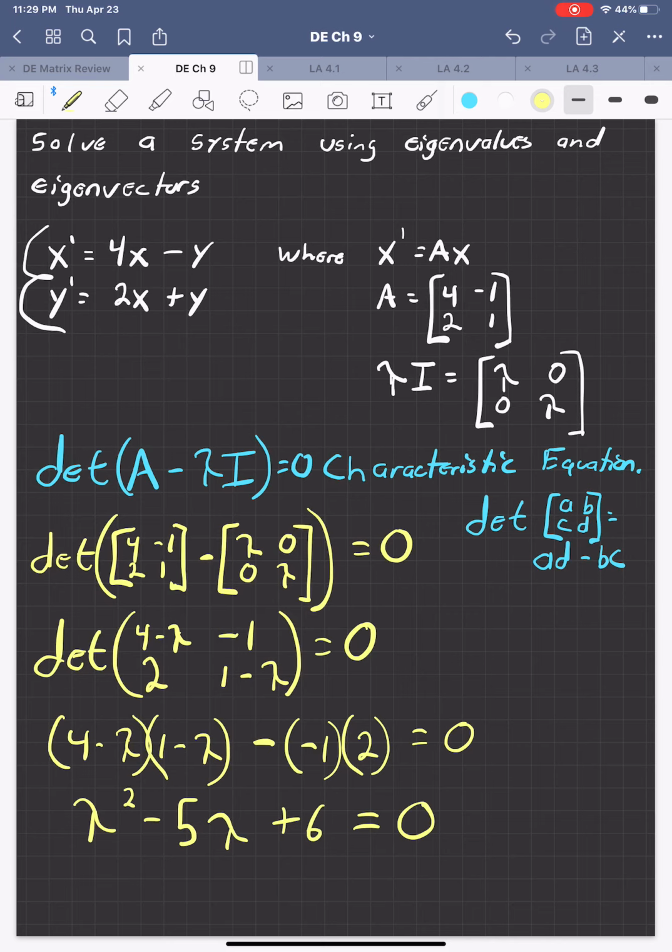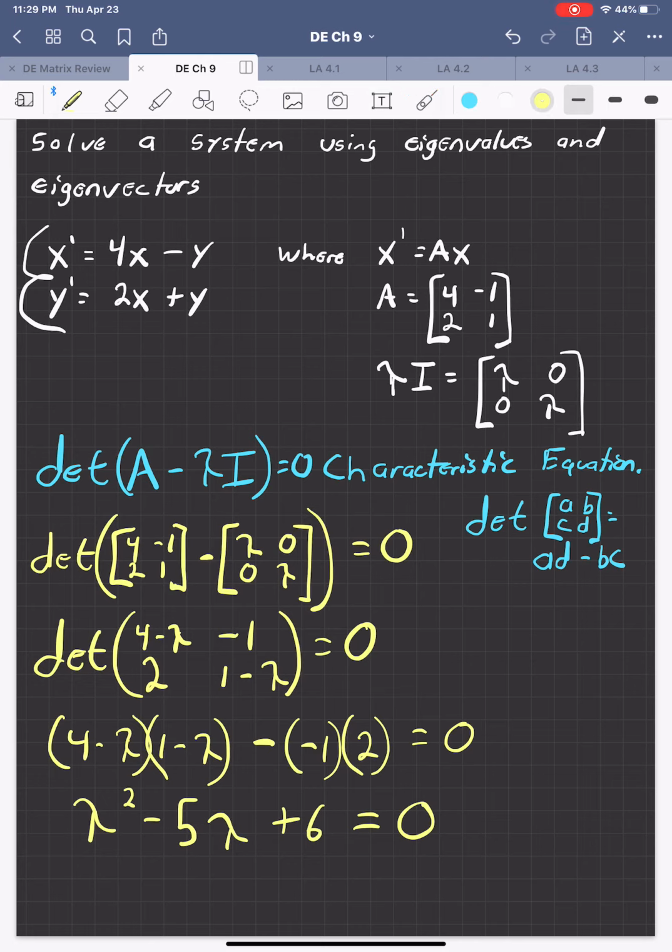All right. Now, doesn't that look similar to the y double prime minus y prime plus y, where we had our a's and b's and c's here? Remember that? And you would go from there to the auxiliary form. Very nice. So you didn't know at the time that you were actually finding eigenvalues.